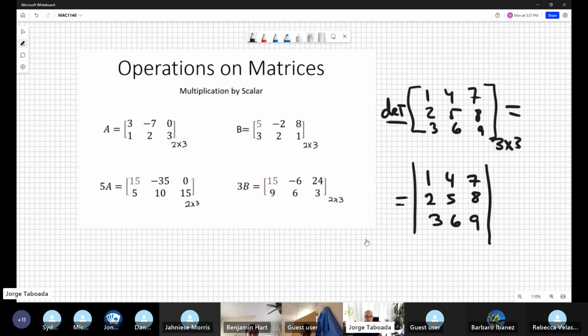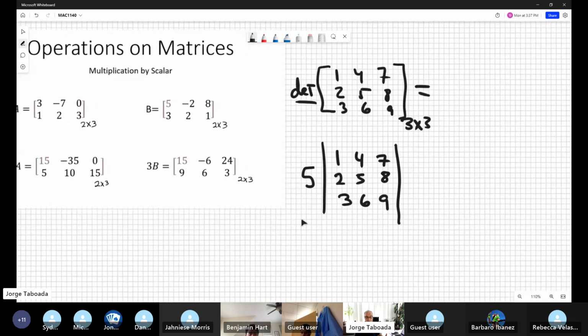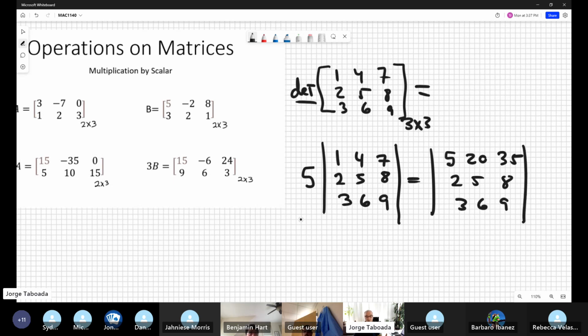But the thing I try to explain is, for the determinant we studied last time, we have the property that you multiply by 5 any one row or any one column. Suppose I do it this way: 5, 20, 35, and the rest stays the same. This is a property of the determinant. You decide which row or which column you multiply by this scalar.